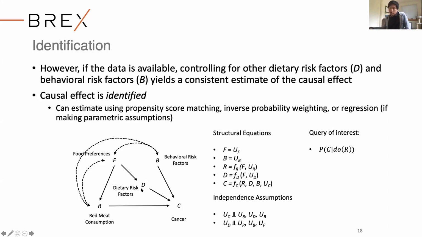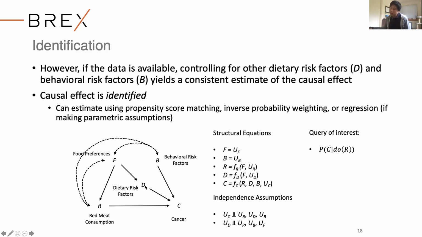So if I control for dietary risk factors and behavioral risk factors, then I block the correlation that I get through these confounders. Intuitively, I can see from the graph that there are three ways for red meat and cancer to be correlated. One is through the direct effect, but there are also other paths that go through confounding variables, right?